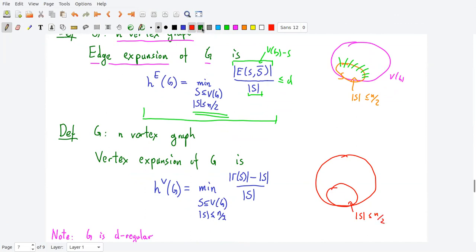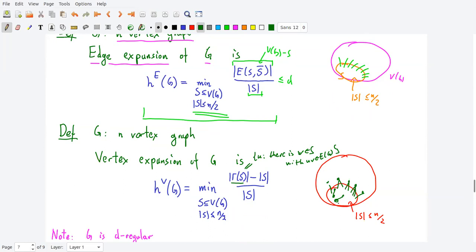But now you measure how many vertices you can reach in one step of the random walk. So you look at this Gamma of S, and these are all the vertices u such that there is a v from S with the edge uv present. So you look at all the vertices that you can reach within one step starting from S, but also note that the edges going from S back to S also count.